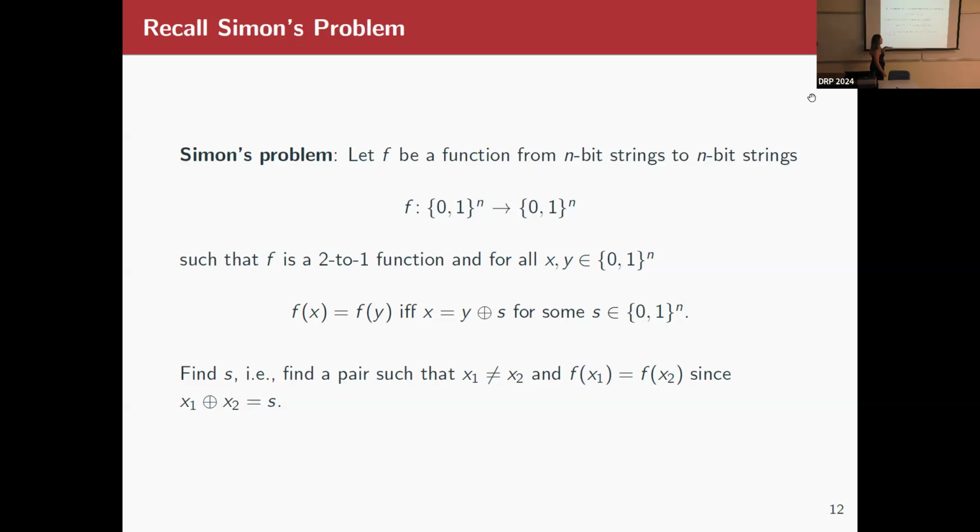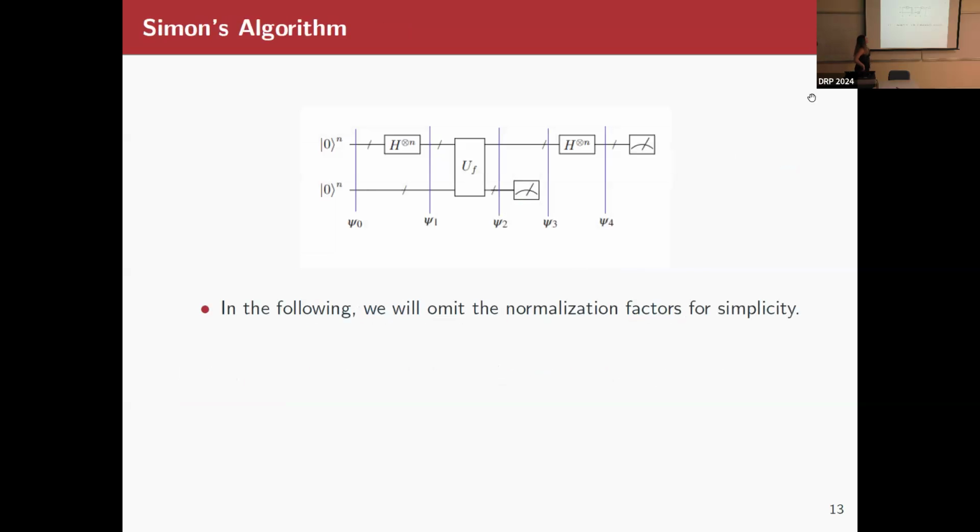To do that, we need to find a pair x1 not equal to x2 such that f(x1) is equal to f(x2), since x1 XOR x2 is equal to s. Now in the following, we will omit the normalization factors for simplicity. And we are going to set n equal to 2 and consider f from 2-bit strings to 2-bit strings, or a 2-qubit system to a 2-qubit system.